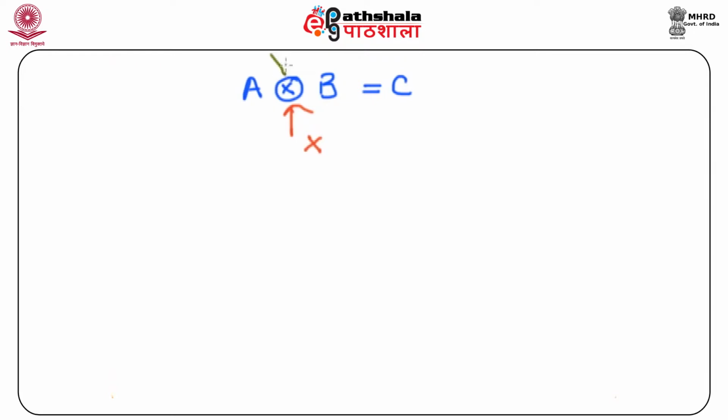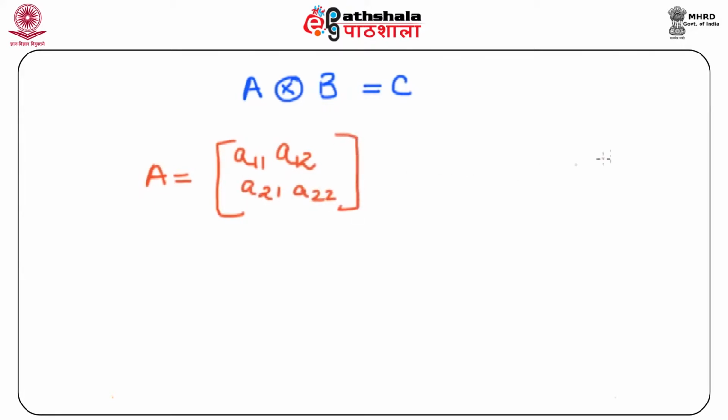Now let us say the matrix A has two columns and two rows, and these are the elements. Similarly, the matrix B is represented by this, with elements B11, B12, B21 and B22. So this is also a 2 by 2 matrix.